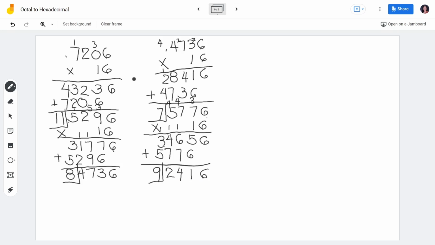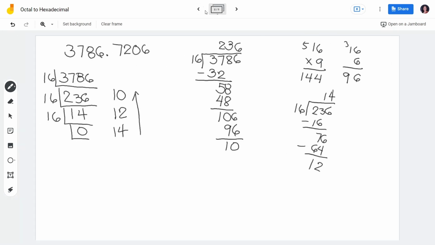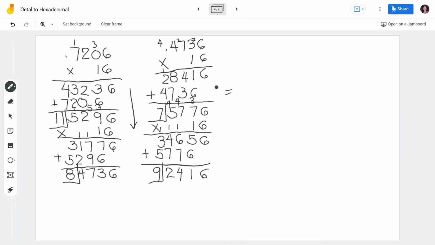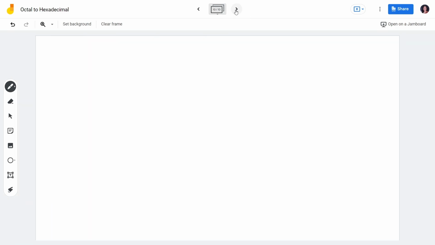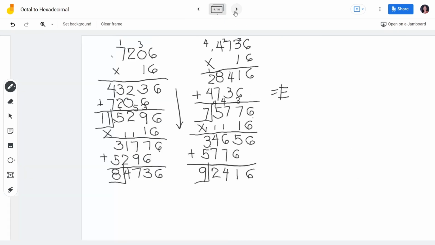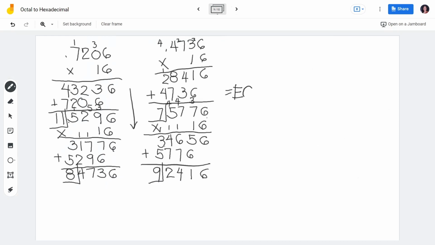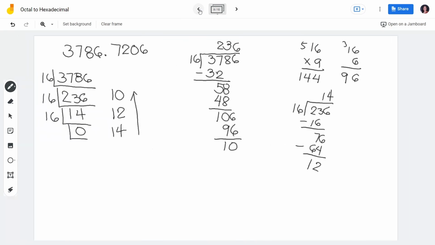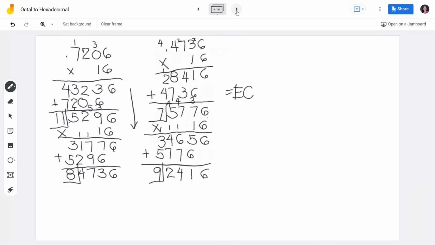And then we're going to read it in order. So the final answer will be 14, 12, 10. If we're going to convert it into its value, 14 is E, 12 is C, and then 10 is A. Point.